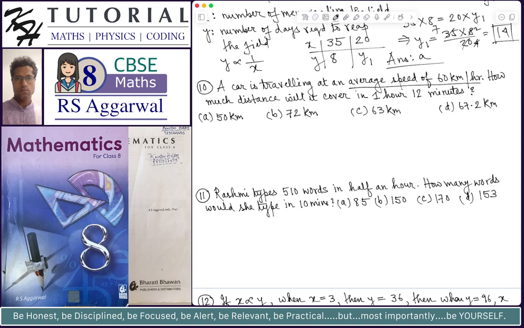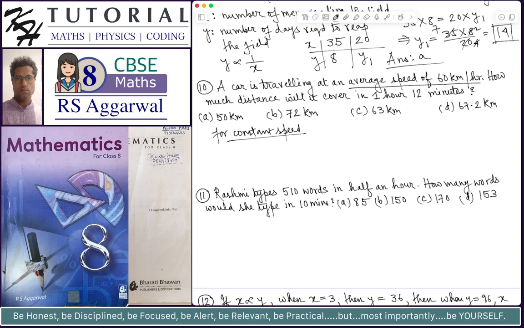Remember that it is given that average speed means the car is always traveling at 60 km per hour. The speed is constant. So we know that for constant speed, average speed, or sometimes it will be given as uniform speed or constant speed, it means the same thing.